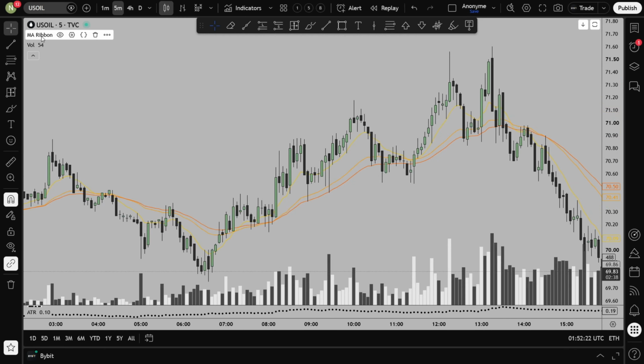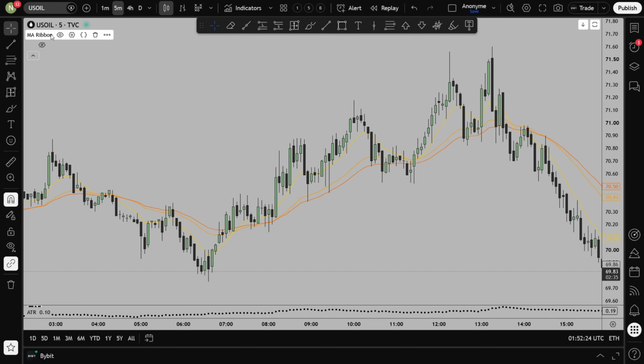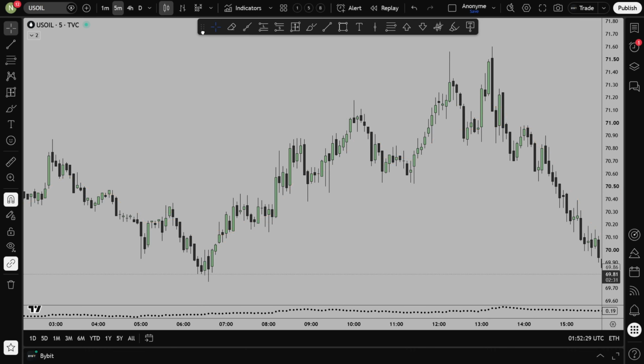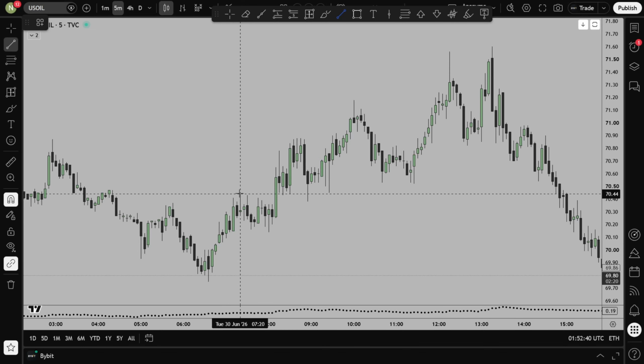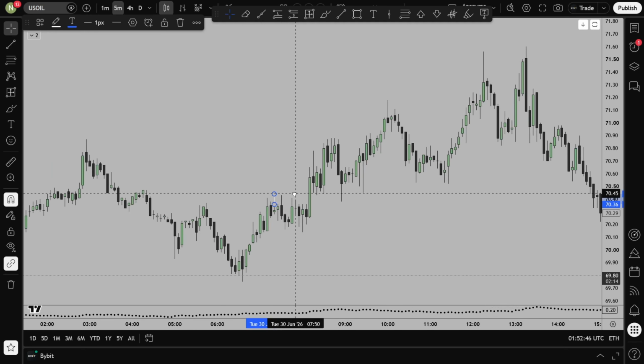Okay, so we are going to remove all of our indicators. Those are not meaningful for now. So here we have clearly a break of structure.